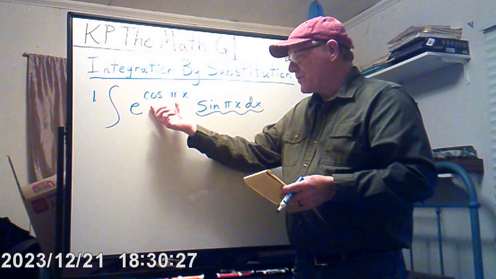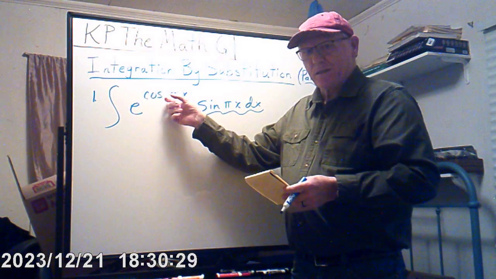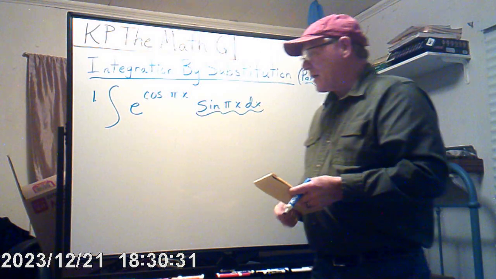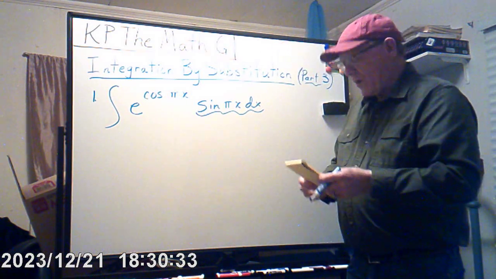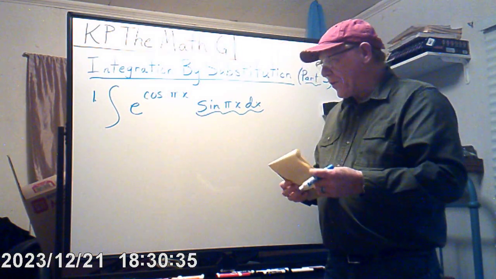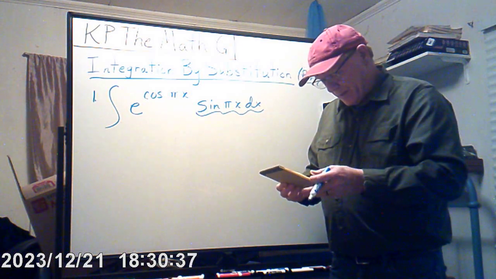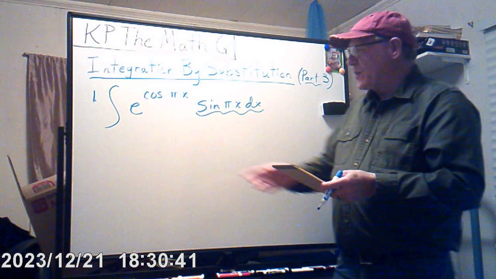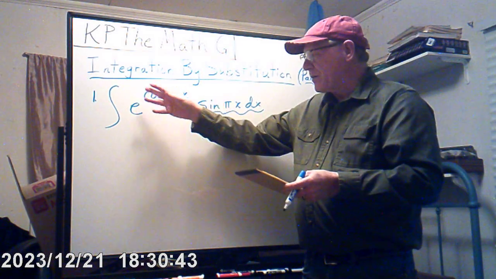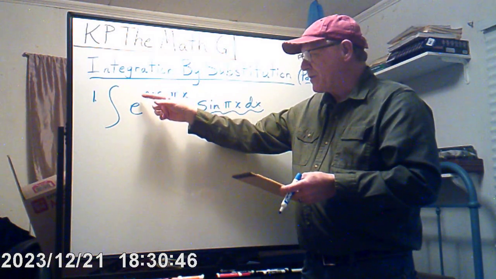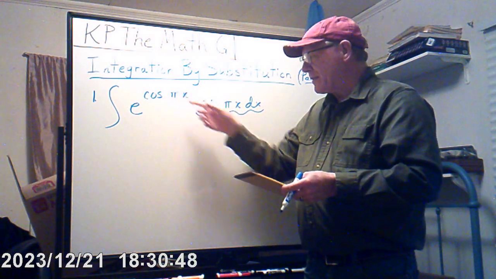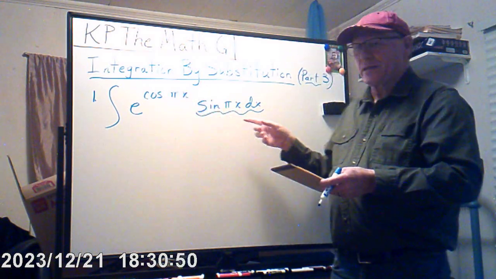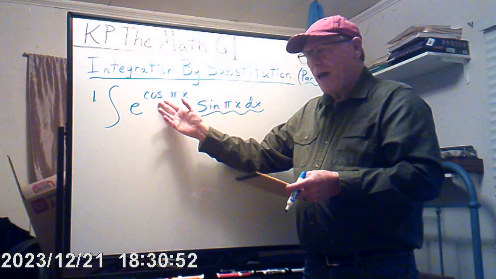Anytime you have this as an exponent like this, like we've done before, or in other examples before where maybe I had a cube root, if I had a square root or a cube root or a fourth root or a fifth root of cosine pi x and then sine pi x dx right here, I'm going to let u be that.